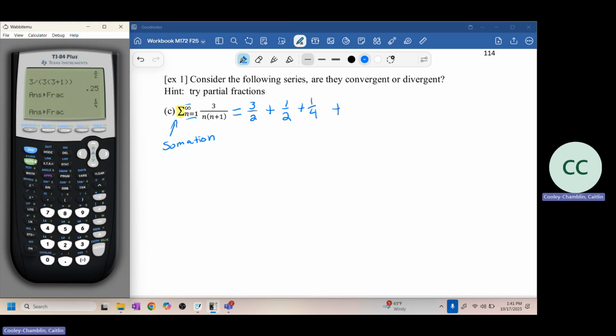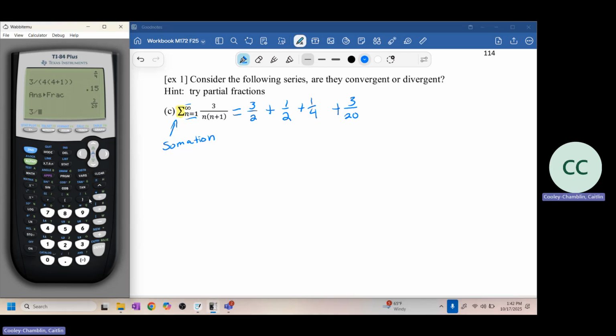I'm going to put in 4. 4 times 4 plus 1. I get 3/20. And then I'm going to plug in 5.